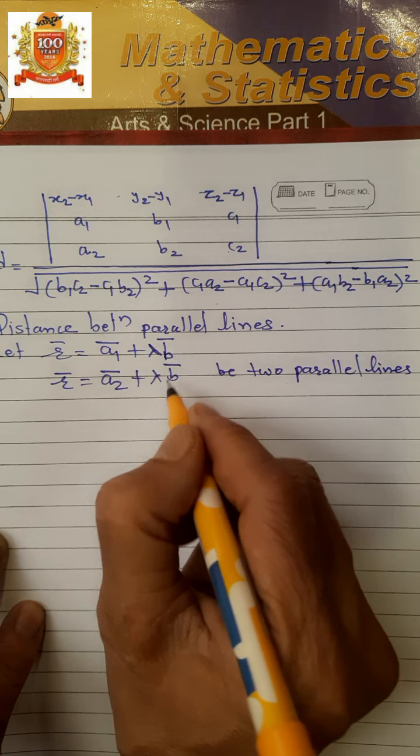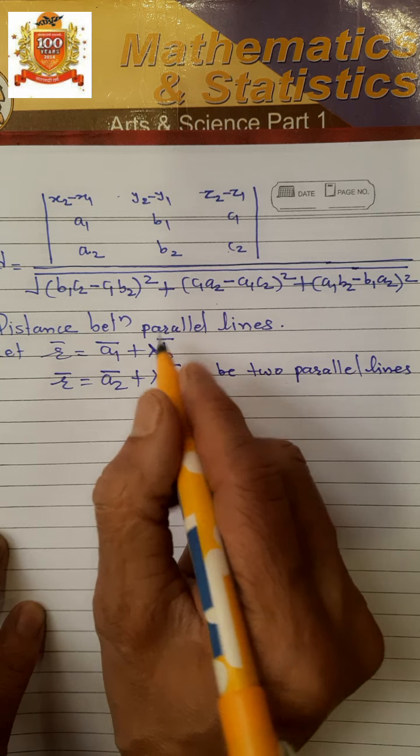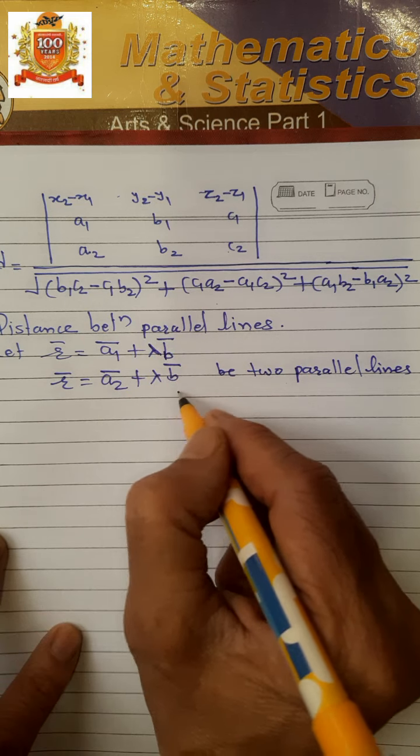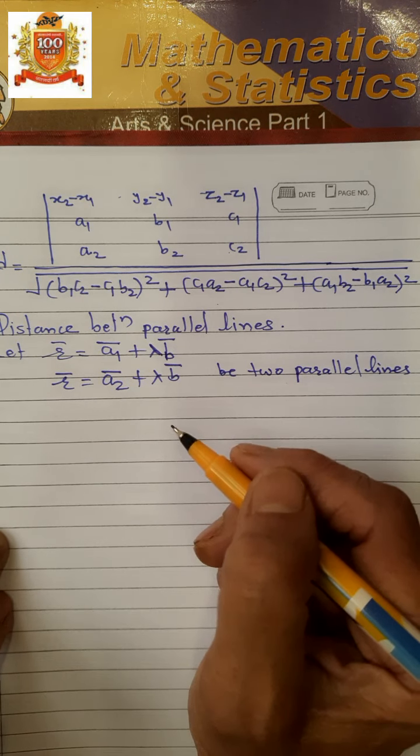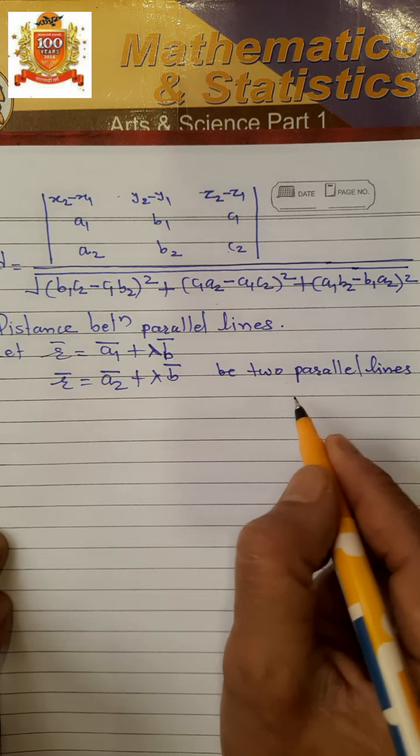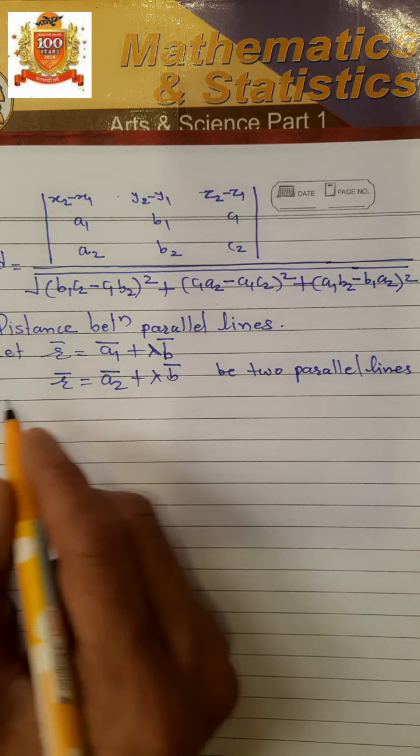Here the direction vector b bar is the same because these lines are parallel. That's why the only difference is a1 bar and a2 bar. Keep in mind these two lines are parallel.